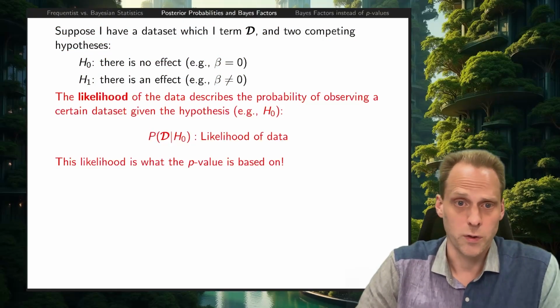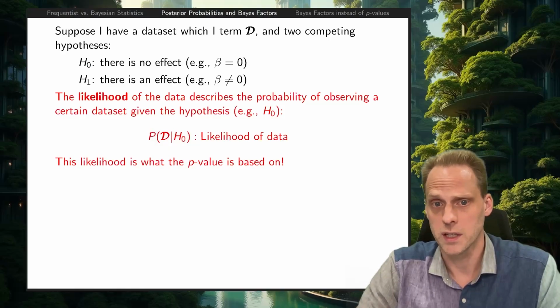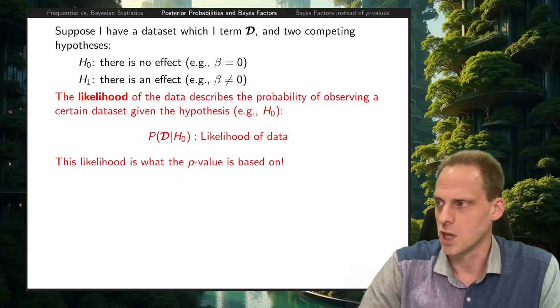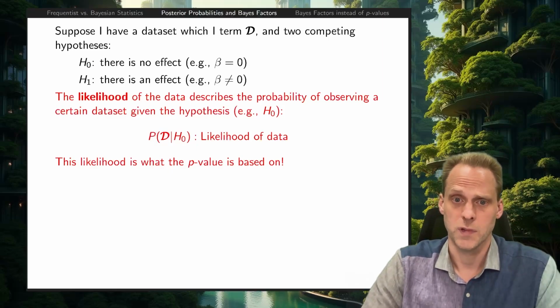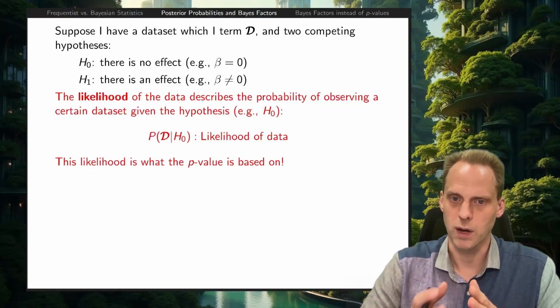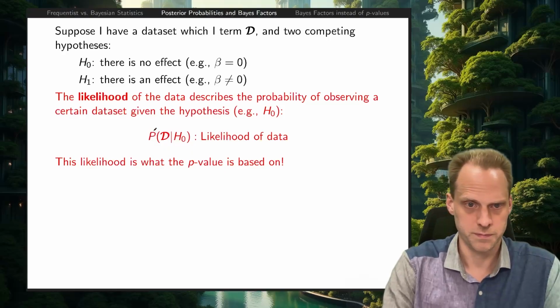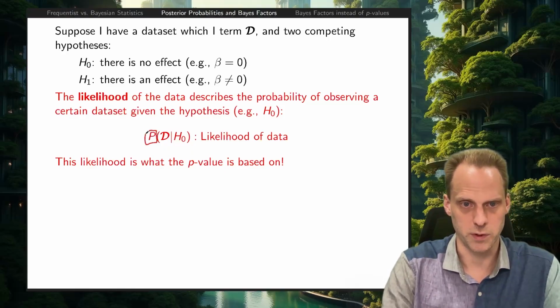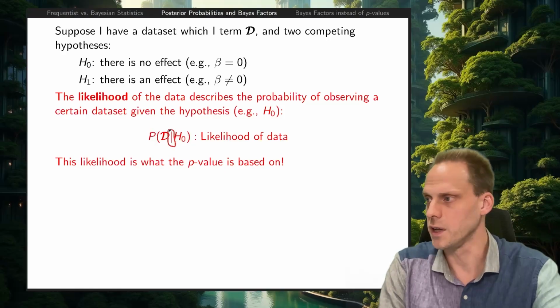The likelihood of the data describes the probability of observing a certain dataset given a hypothesis. This is a very important term in statistics. It's a distribution of your data, meaning your probability distribution of your data, or how likely it is that you find a certain pattern in your data, given that a hypothesis is true. So you remember, this symbol here stands for probability. This symbol in the middle stands for given that.